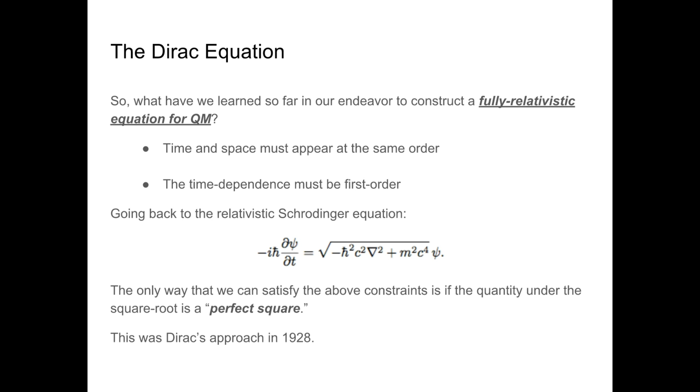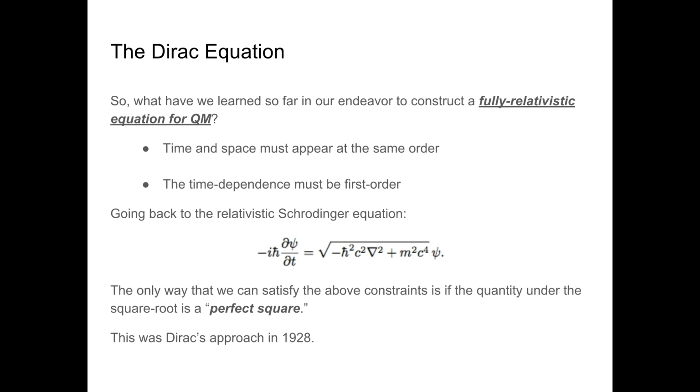You have to have time and space appear at the same order, and you also have to have time dependence which is first order. I'm no philosopher, but putting those two together tells me that the spatial dependence has to be linear. So how do you make the spatial dependence be linear?